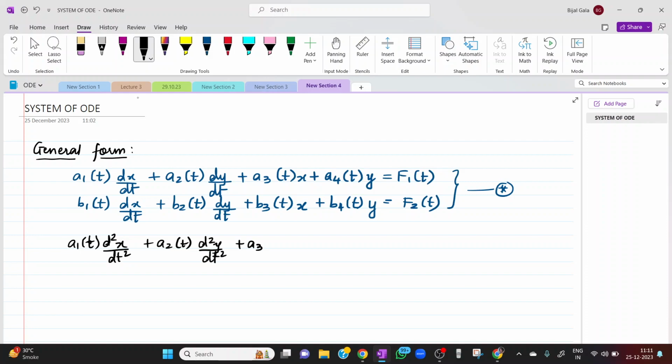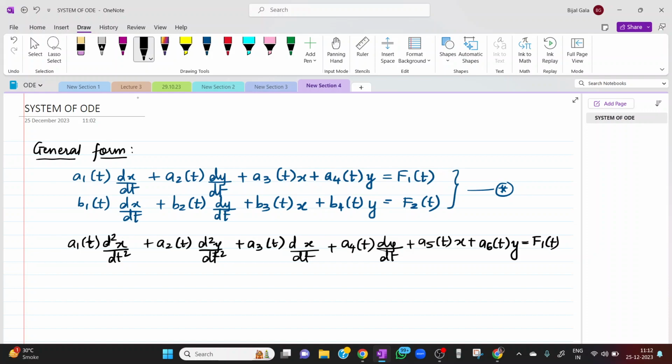Then you'll have A3(t) with dx by dt, then A4 with dy by dt, then A5 with x and A6 with y, and again equal to f1 of t and so on.